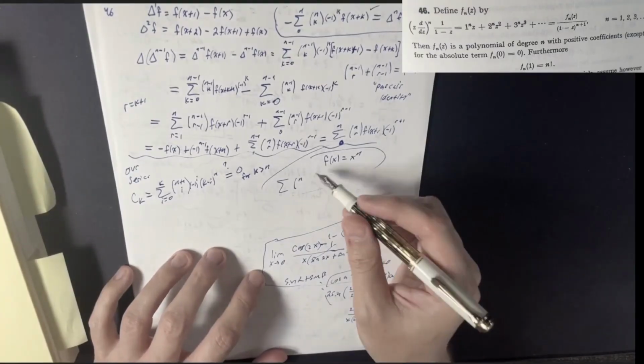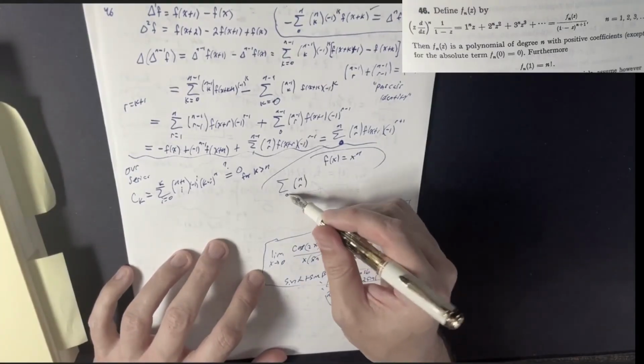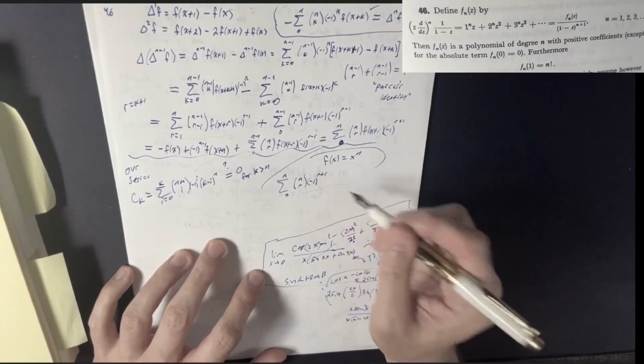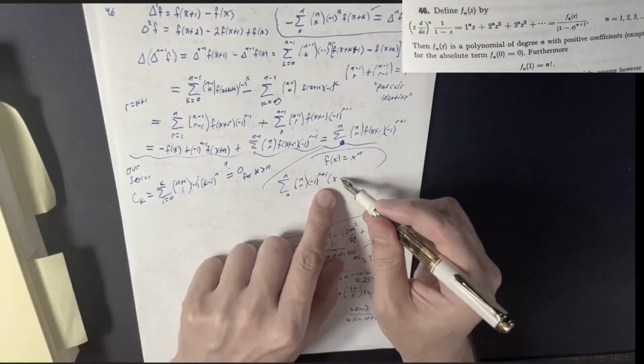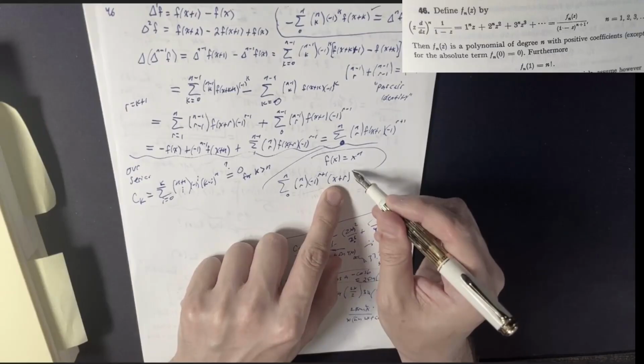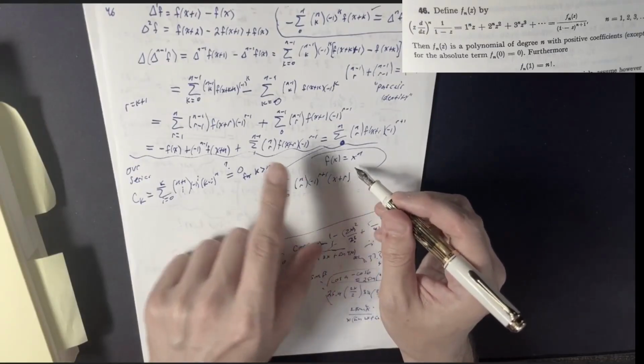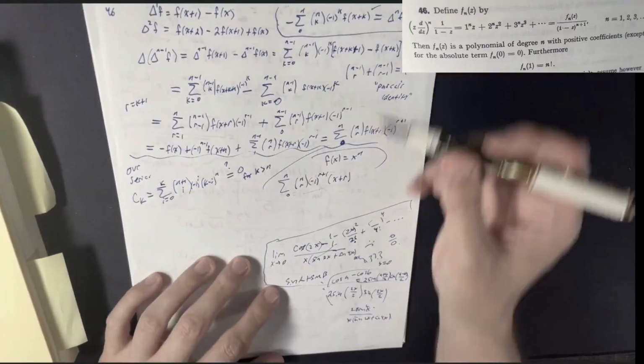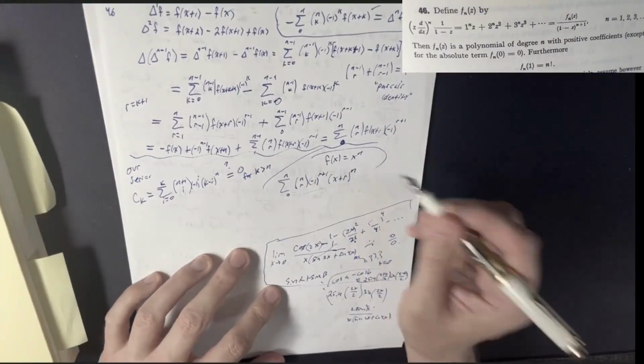For this function in particular, we're going to get just this, right? Nothing ever happens to that f, so you just leave it. So it's to the n, excuse me.